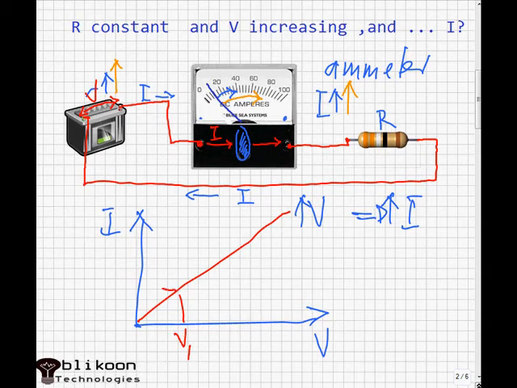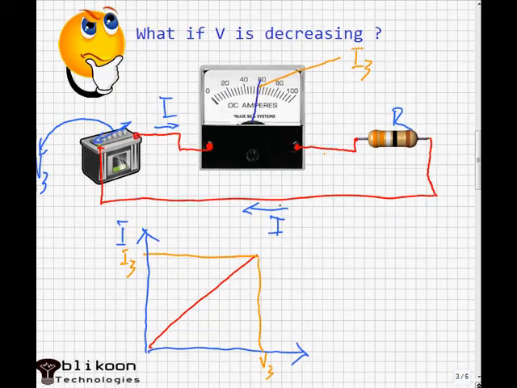Voltage 1 results in current 1 flowing in the circuit. We increase voltage by this value, we get voltage 2, and current 2 flows in the circuit. This is how we use graphs to display this relationship between voltage and current. Current has increased up to this value in the circuit.